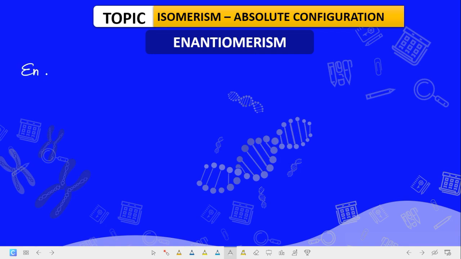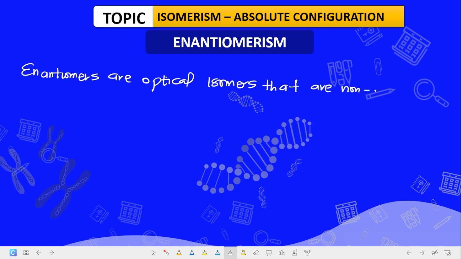Now enantiomers are optical isomers that are non-superimposable mirror images of each other.